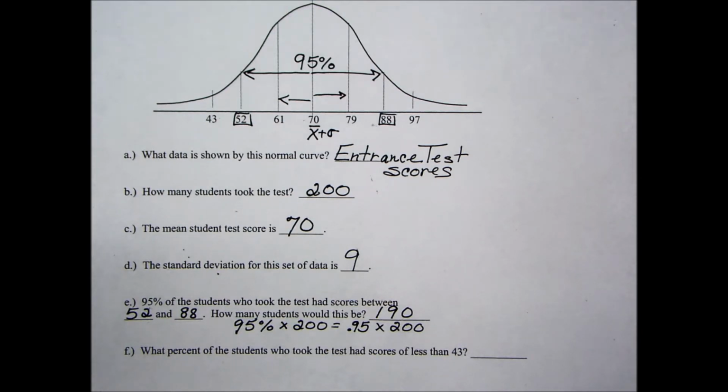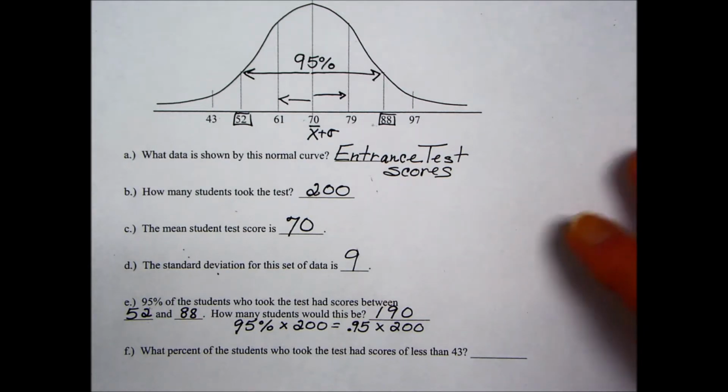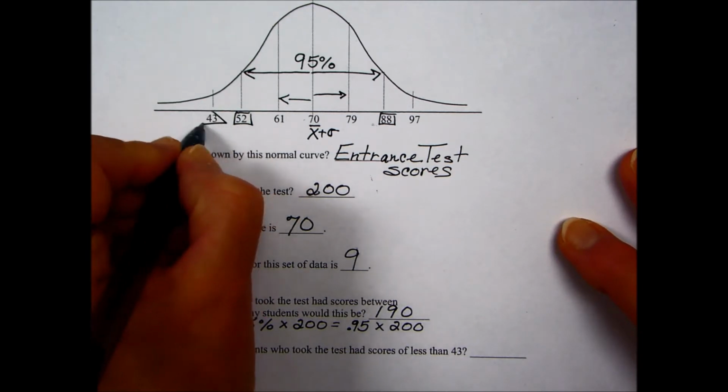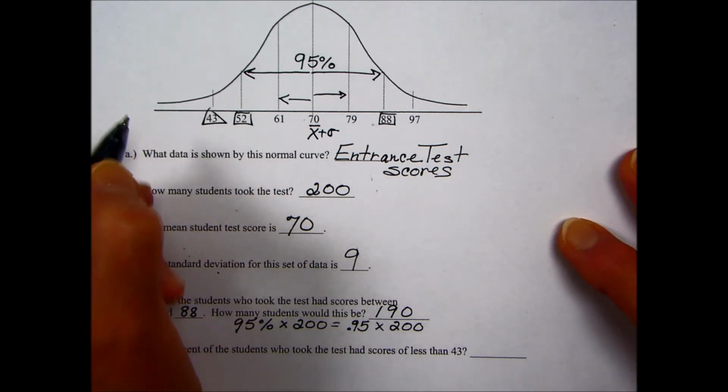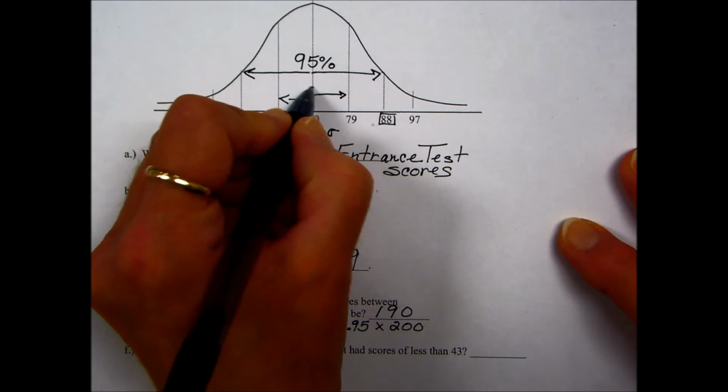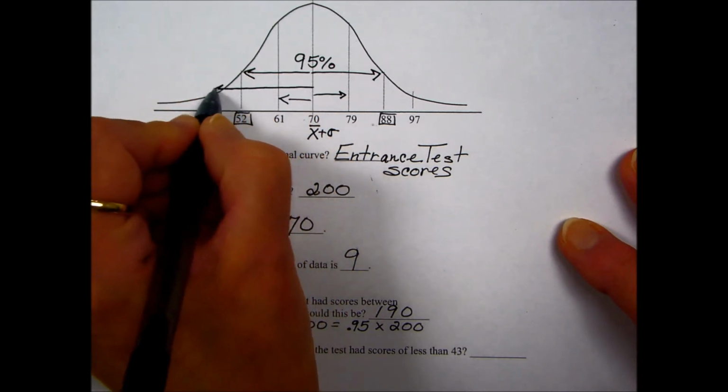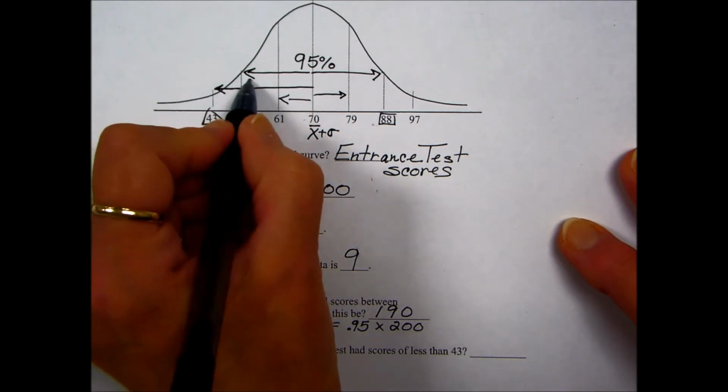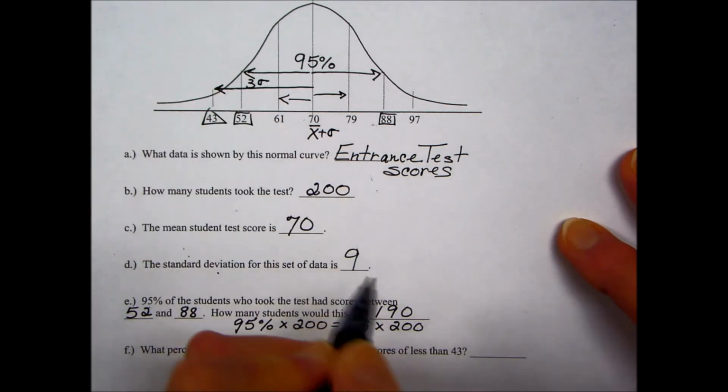The last question asks what percent of the students who took the test had scores of less than 43. Well, we need to identify where 43 is. Here's 43. How many standard deviations is it below the mean? Well, it turns out it's 3 standard deviations below.